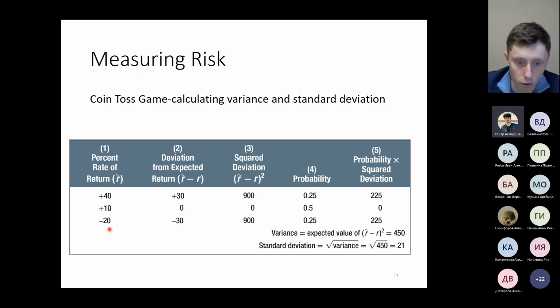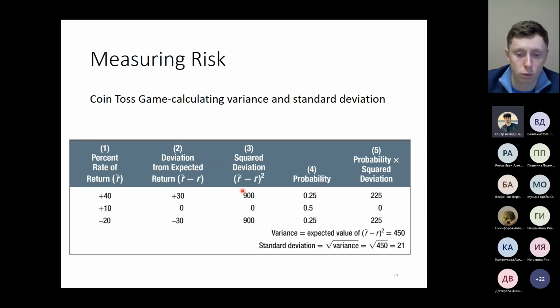We divide it by the number of outcomes. There are 3 outcomes here, so the mean would be 10. Then we estimate the deviation from the expected return. 40 minus 10 is 30. 10 minus 10 is 0. Minus 20 minus 10 is minus 30.